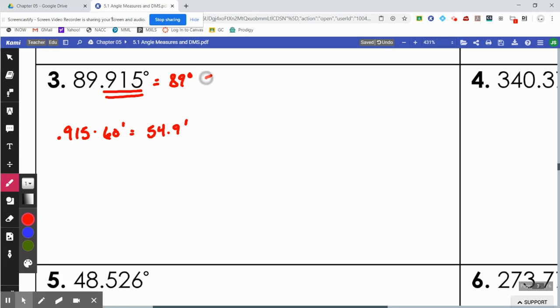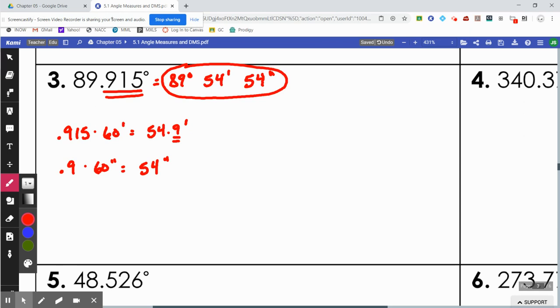And again, that would be 54 full minutes, but you have now some leftover. So we're going to take that 0.9, and that's 0.9 of a full minute, which would be 60 seconds. 0.9 of 60, that would be 54 seconds. So therefore, that's our leftover. So that's going to be 89 degrees, 54 minutes, and 54 seconds.